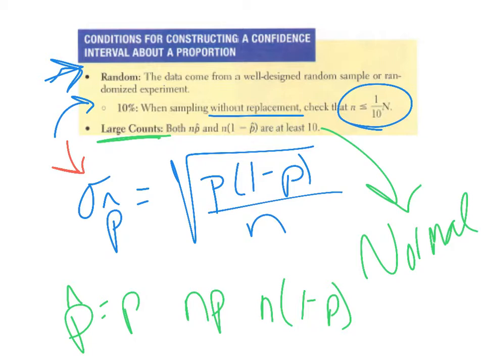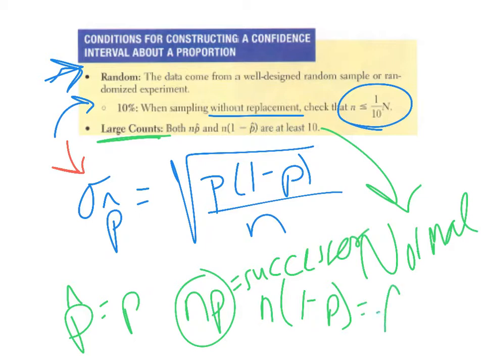Basically with your large counts, you're looking at the number of successes versus the number of failures. When you're looking at your sample, how many successes did you have? Is that greater than 10? How many failures did you have? Is that greater than 10? And you would satisfy your large counts.